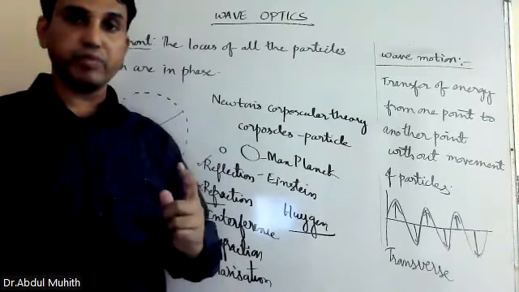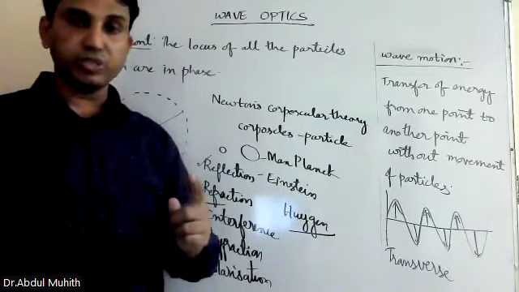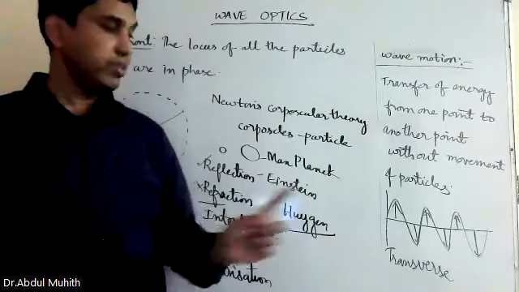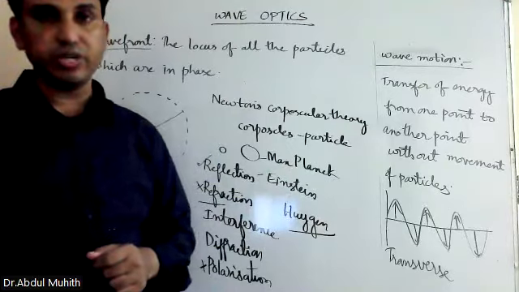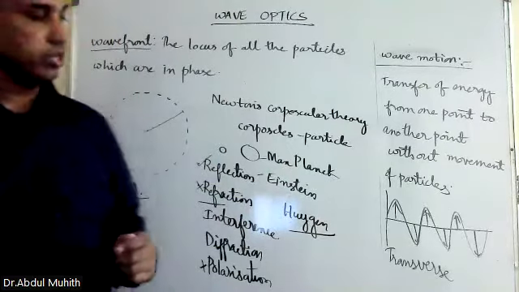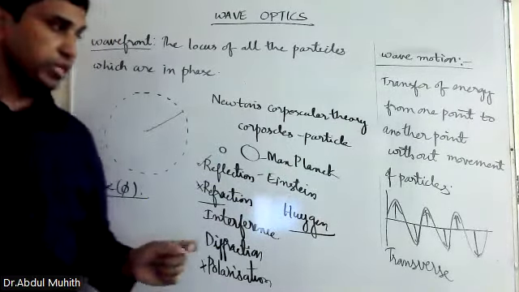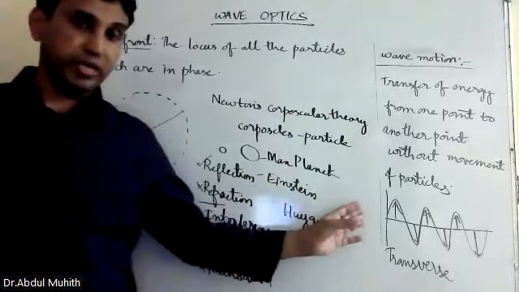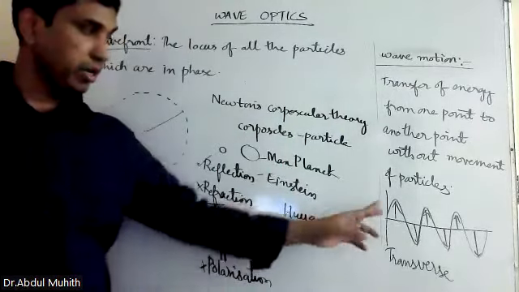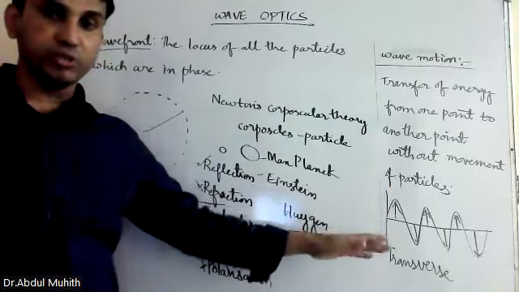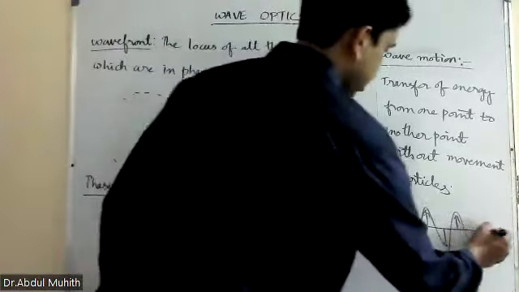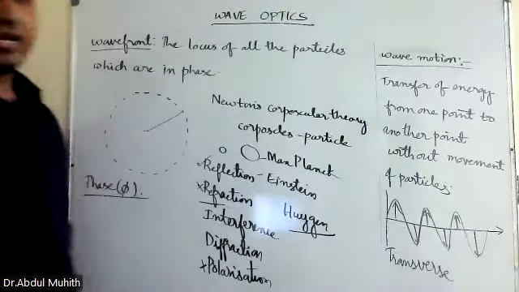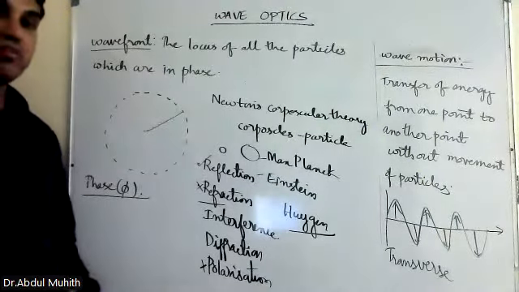Here the particles are not moving from one place to another place. Particles are only vibrating about their mean position, and the energy is being propagated in the forward direction. This happens in wave motion.